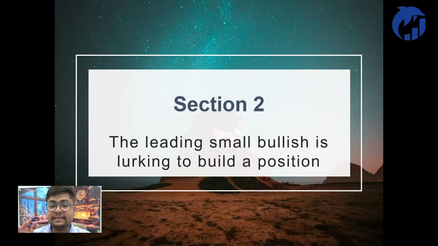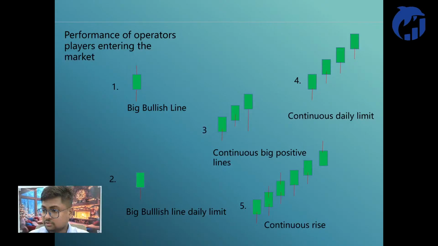Yesterday we discussed the biggest difference between main funds and retail investors, which is continuity. So let me take you through these slides where we can understand the continuity. This is the slide where we can see the presence of continuity and non-continuity.